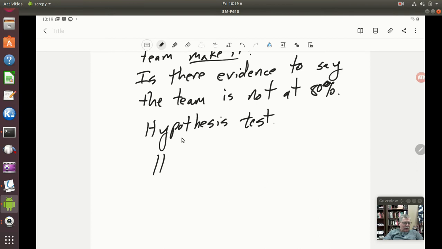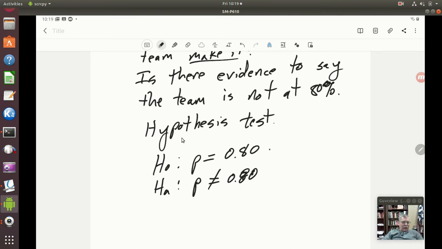And so that's our hypothesis test. Our H0 is that our proportion is 0.80. Now we're going to do two-sided tests, so our alternative here is that it is not.